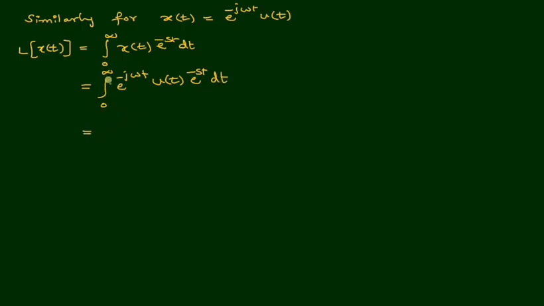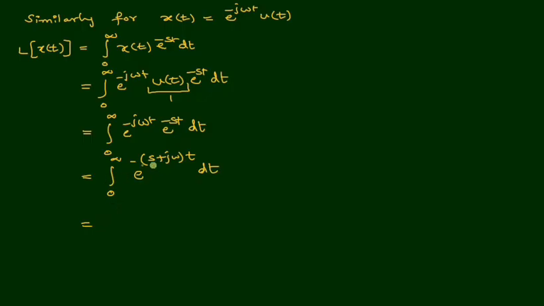In the region of 0 to infinity, u of t value is 1, and we write the integral from 0 to infinity as e power minus j omega t into e power minus st dt. We simplify this function as exponential power minus of s plus j omega t dt.